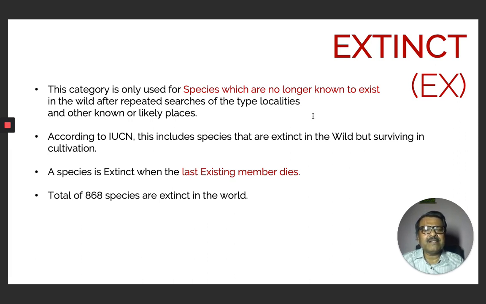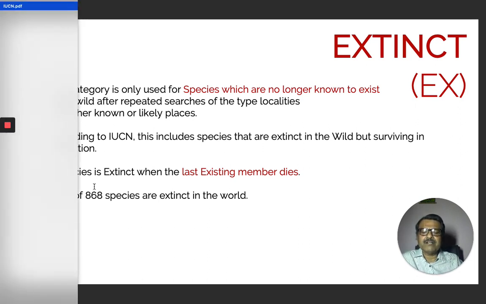It is completely removed or vanished, or it has died. It is not available in the wild in any of the localities where it was found. The included species are extinct, meaning they are not found in the wild, but some species may survive in cultivation.